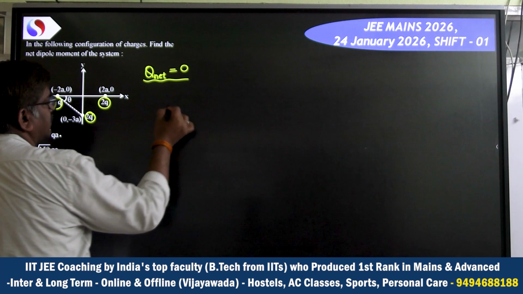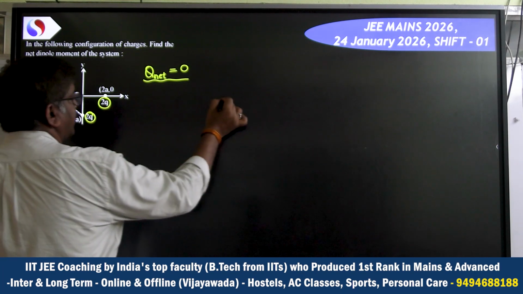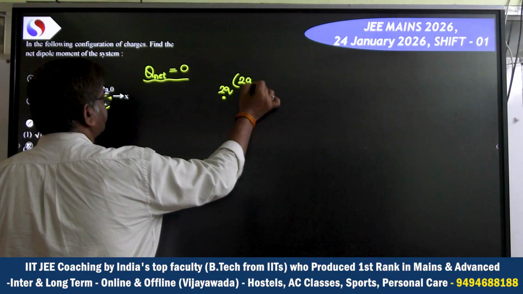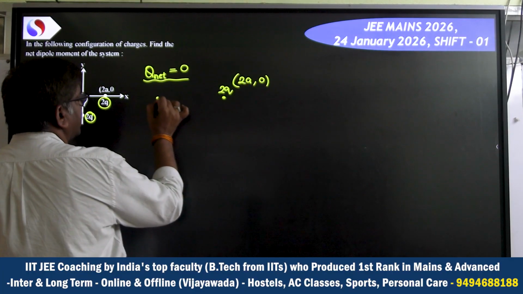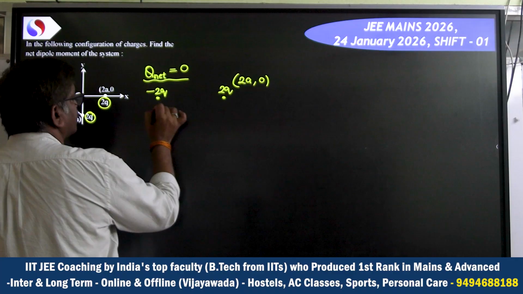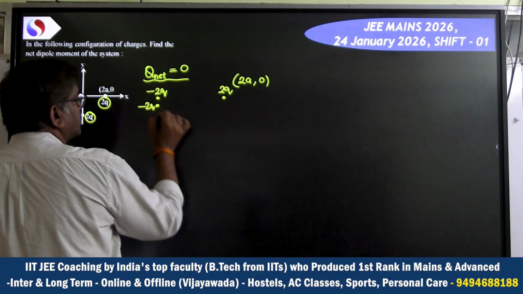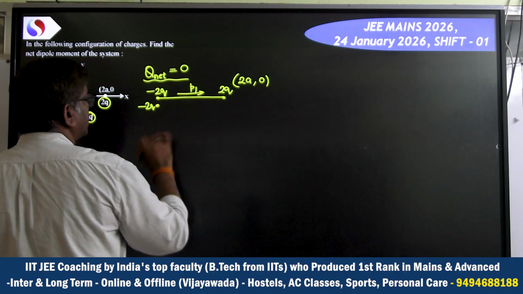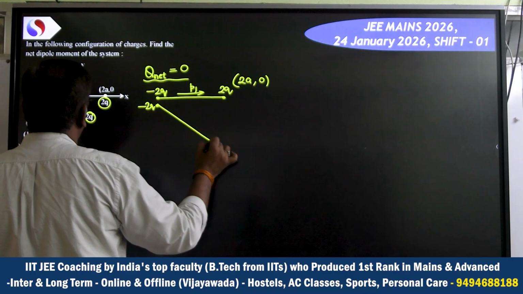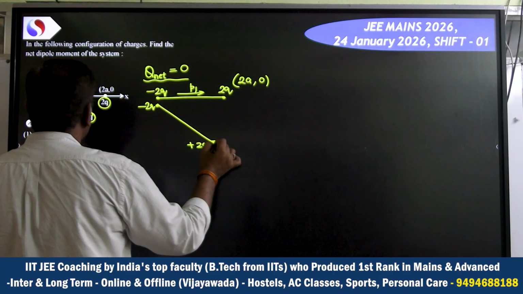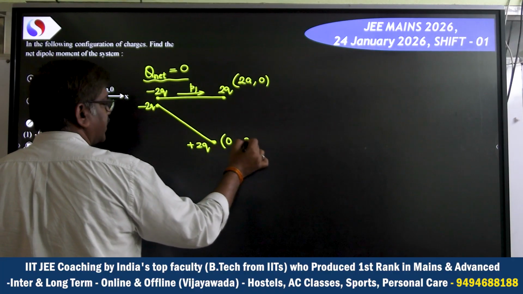So here if I take this 2q which is placed at 2a comma 0, and here it is minus 4q, so I split it into 2q and 2q. It can make one pair with this 2q as P1, and the other 2q part will make a pair with another plus 2q which is placed at 0 comma minus 3a.